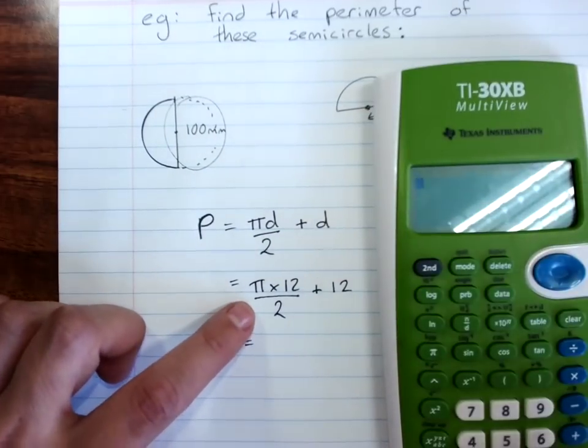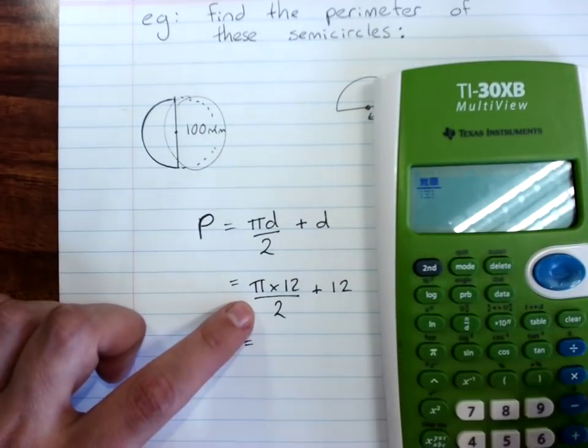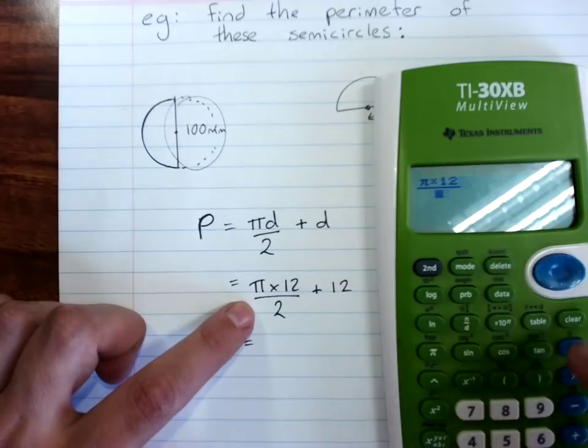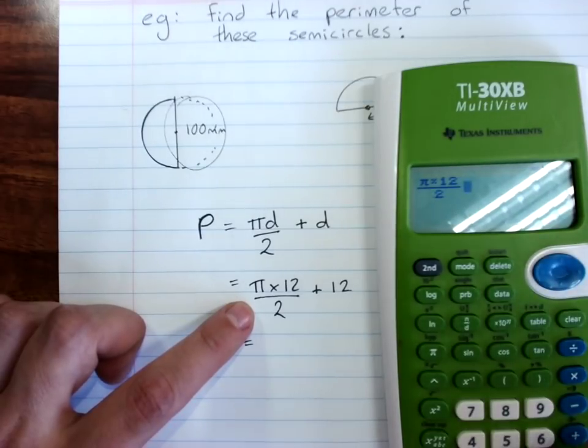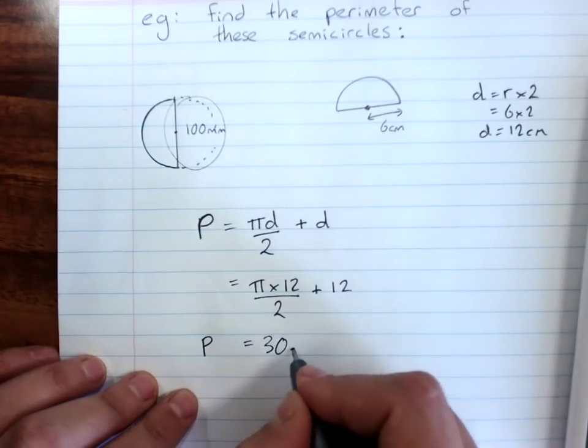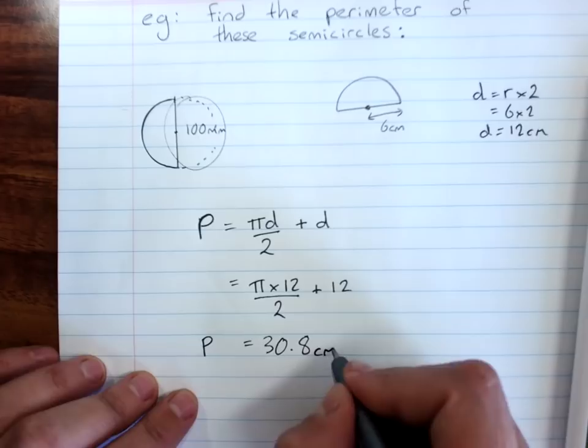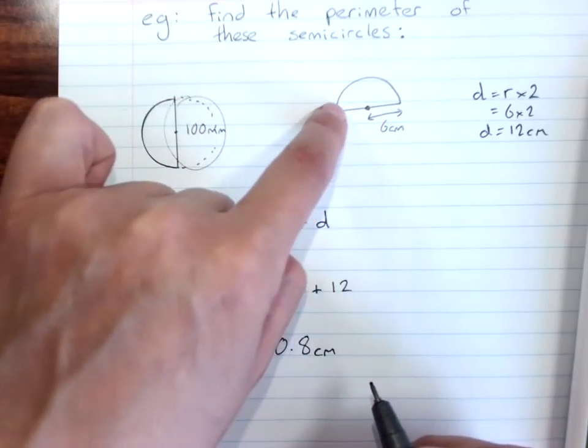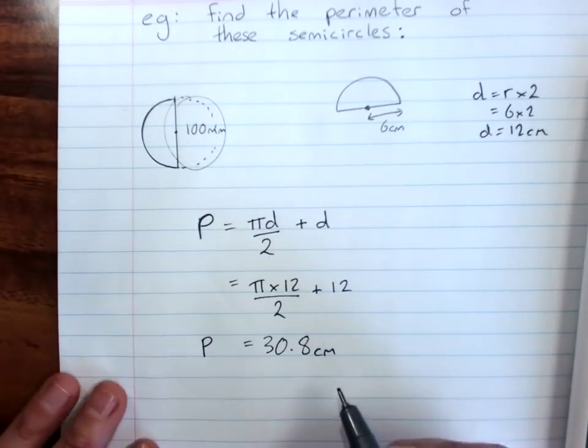So pi times 12 divided by 2 plus 12. The perimeter of this shape is 30.8, and we're in centimeters, and we're just measuring distance around the outside, so it's centimeters.